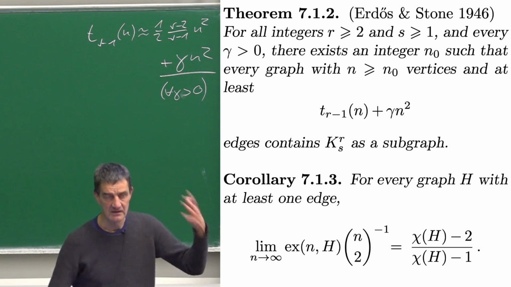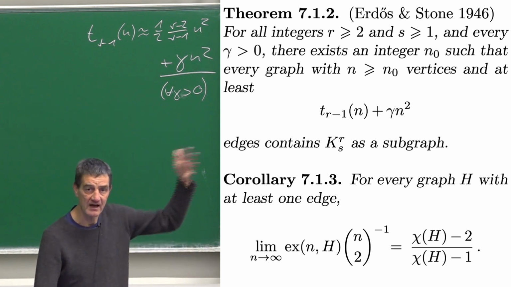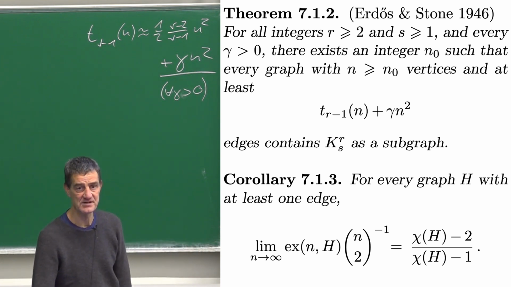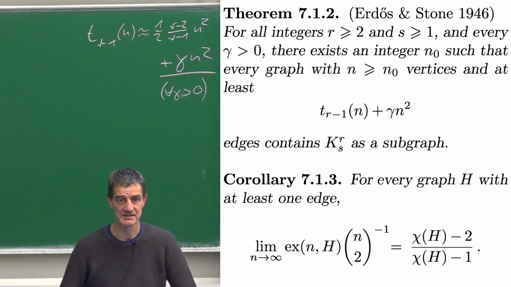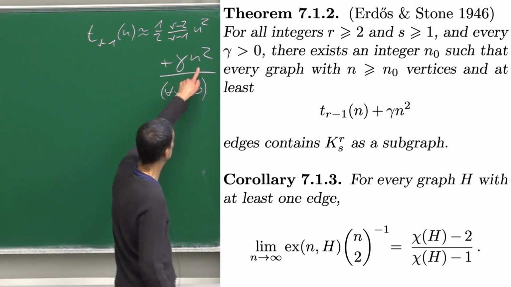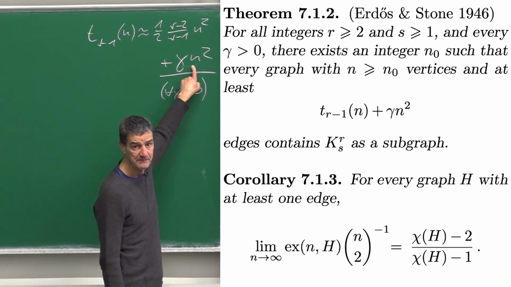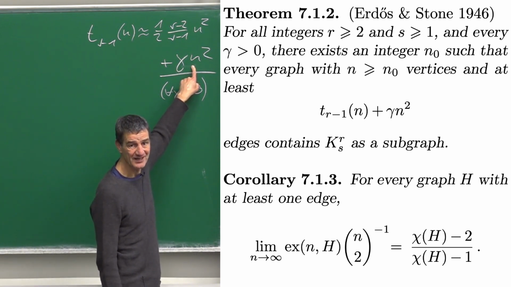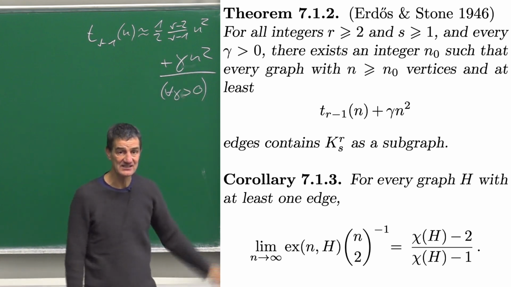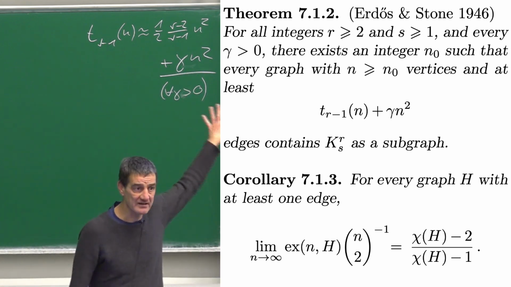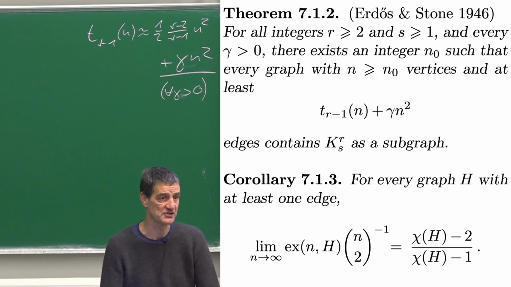So containing even one copy of K_r(s) implies that you're containing lots and lots and lots of copies of Kr. So just a few edges more than you need to force even one Kr give you millions of Krs hidden inside one K_r(s), which that additional number of edges forces.